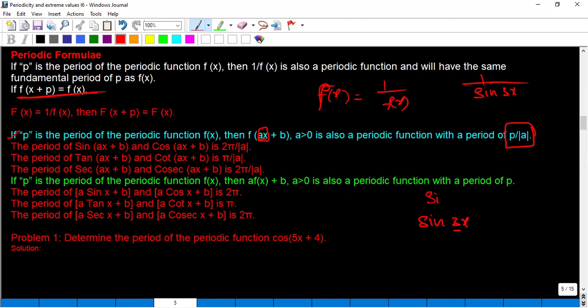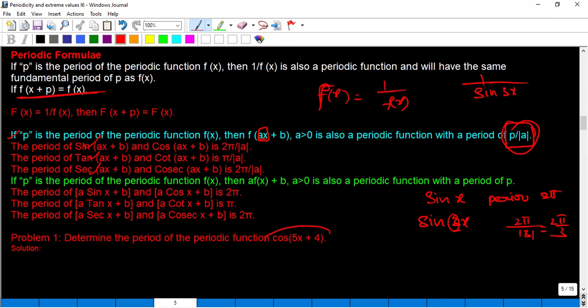If it is sine x alone or sine theta alone, the period is 2 pi. If I am multiplying with the 3, just take mod of that particular 3 in the denominator, you will get the answer. The answer is 2 pi by 3. That's what they are trying to do. Sin ax, tan ax, secant ax, that nature will not change. Hope this is clear.